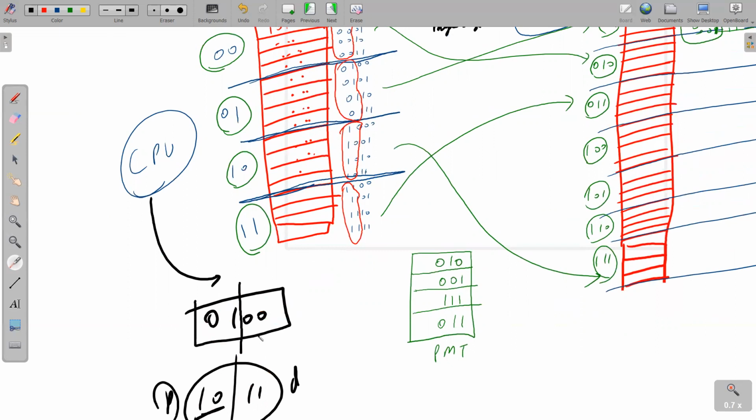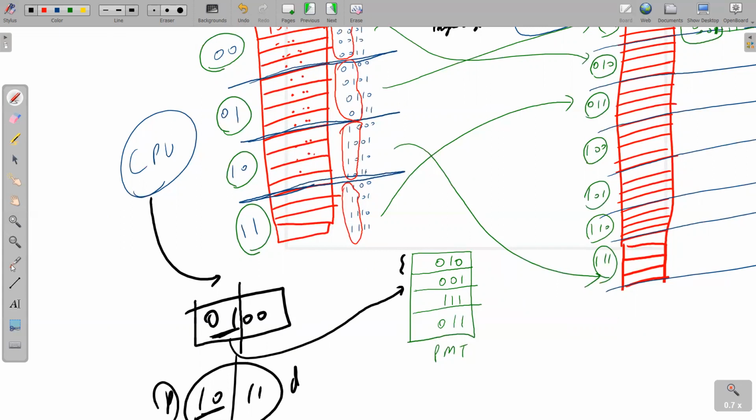Now what we are going to do is, for example, this is 01. So 01 means you have skipped one page. You take this as decimal 1, so you will skip one page, and the next one is your page. You will take that entry. Now this page number will be replaced by the frame number.